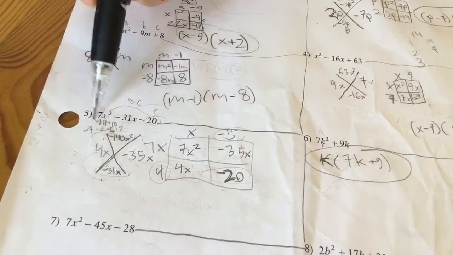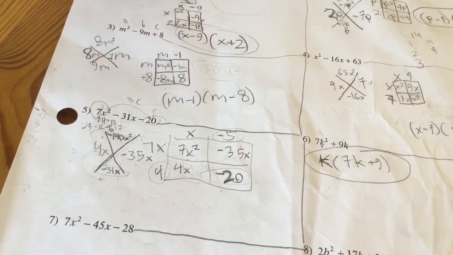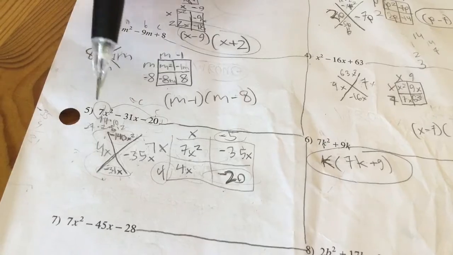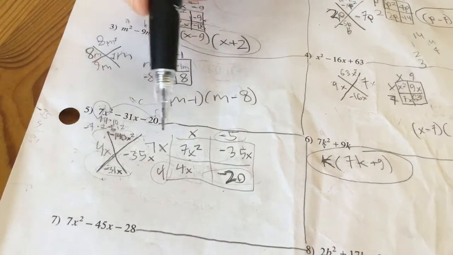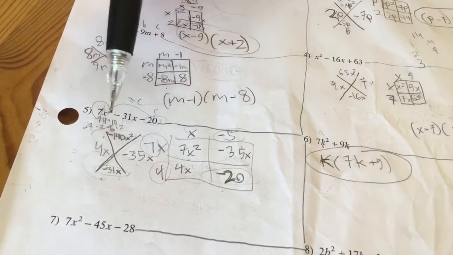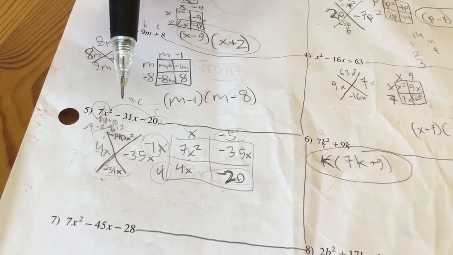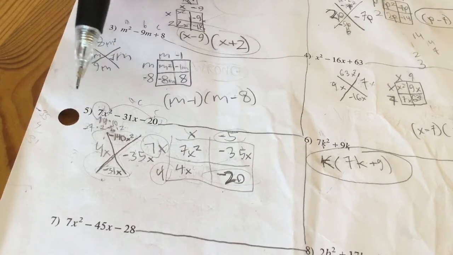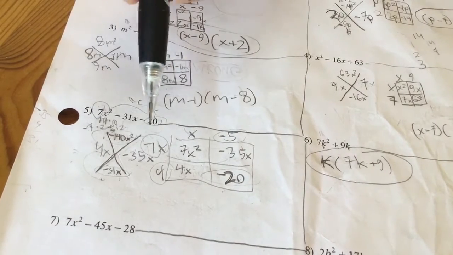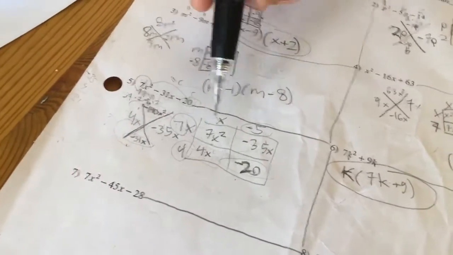Then I can assign the coefficient to either one. In this one, I put the 7 here, because on the second one, it has to be 7 times minus 5 is equal to negative 35. Maybe in other problems it doesn't always have to be. Okay, and so that's how we got this problem.